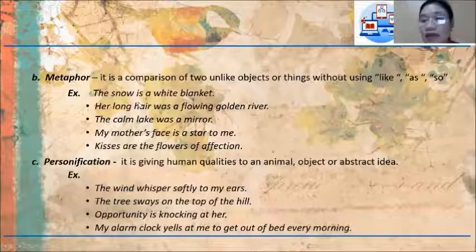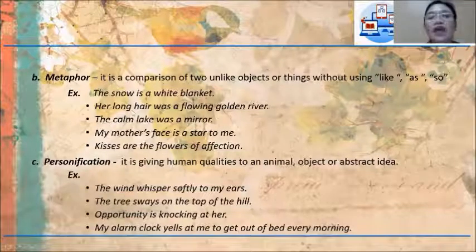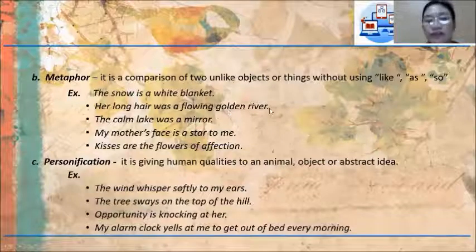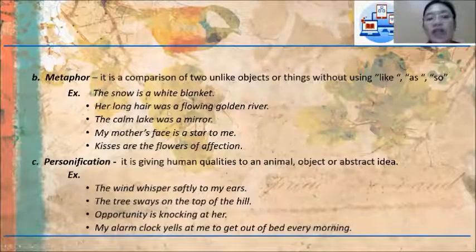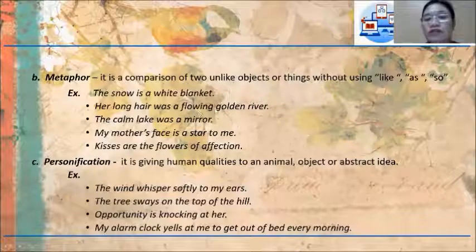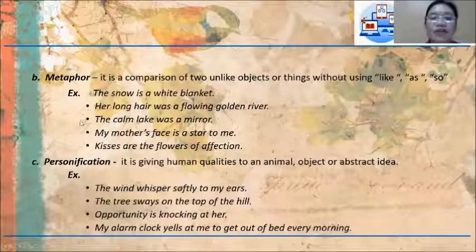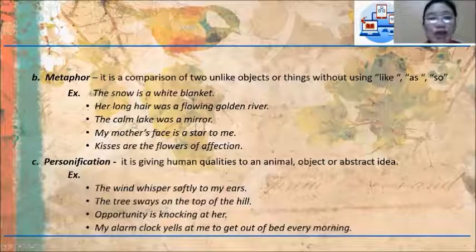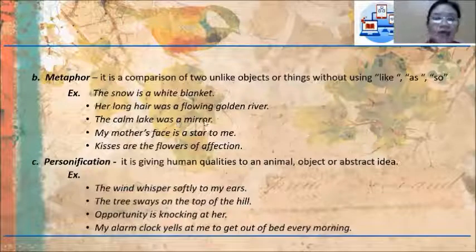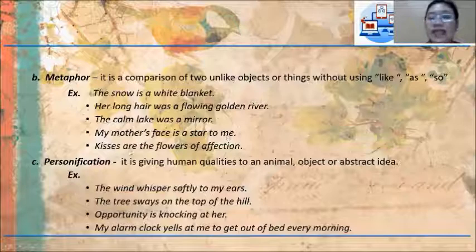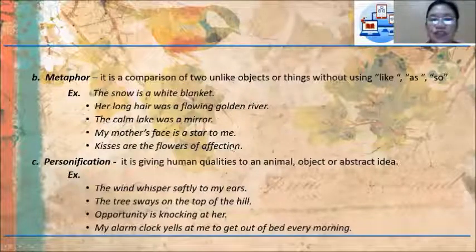So there is a direct comparison between snow and a white blanket. Her long hair was a flowing golden river. So the long hair of the girl is being compared to the flowing golden river. And so with the calm lake was a mirror. My mother's face is a star to me. And then kisses are the flowers of affection.